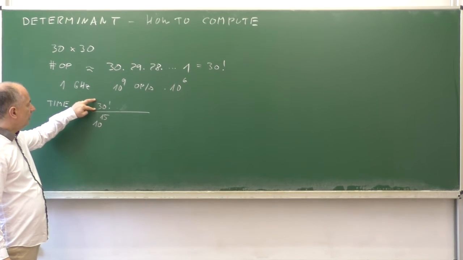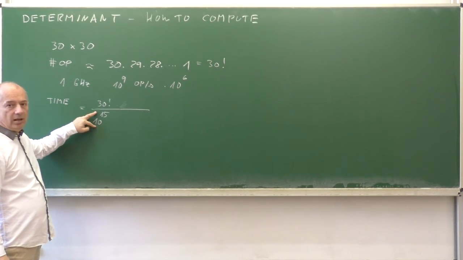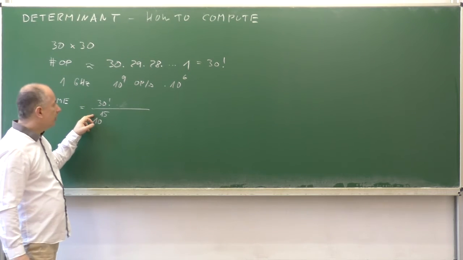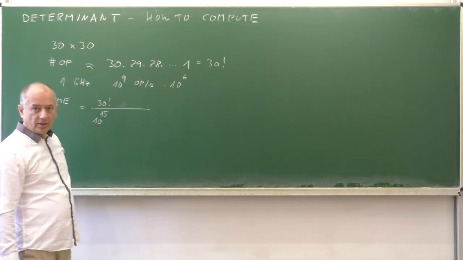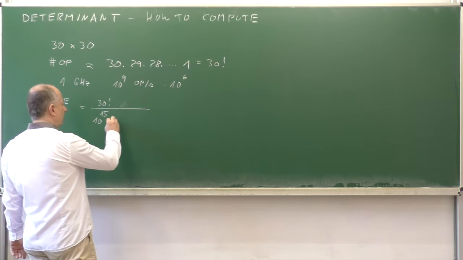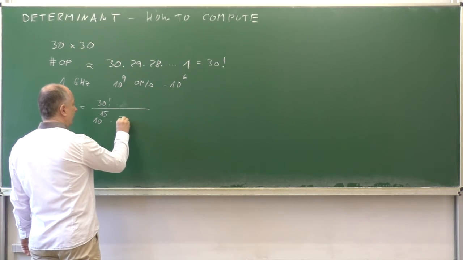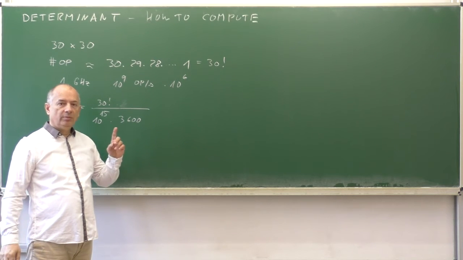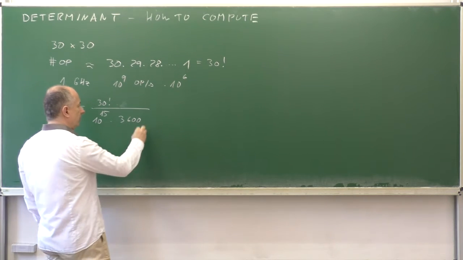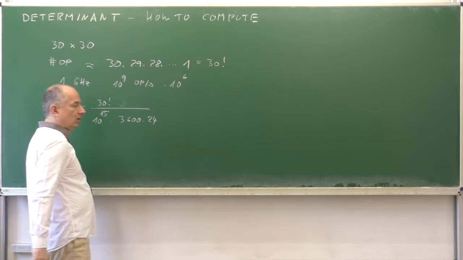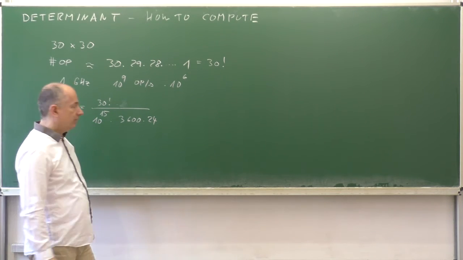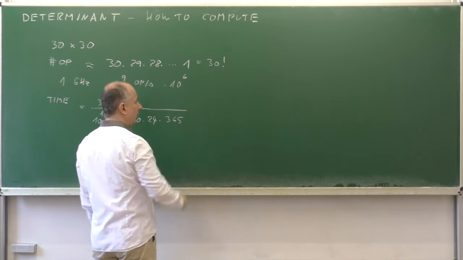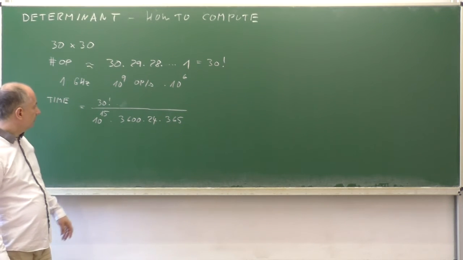So this is the number of operations. This is the time, and we divide by the number of operations per second. So this is the time in seconds. If we divide by 3600, we get the time in hours. If we divide by 24, we get the time in days. And if we divide by 365, we get the time in years.